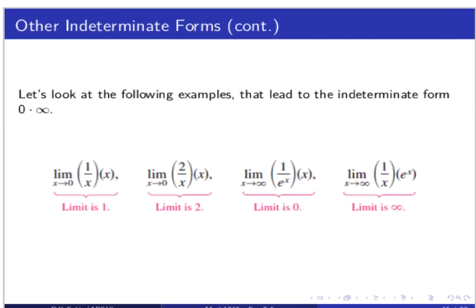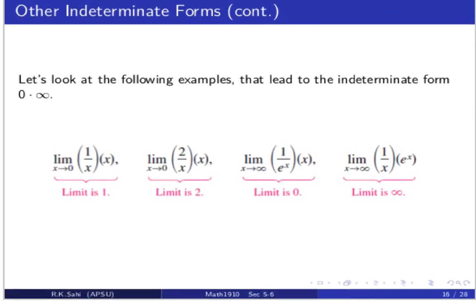Now let's look at some examples which lead to the indeterminate form 0 times infinity. First one, limit as x approaches 0 of 1 is simply 1. But if I write this as 1 by 1 by x, it's infinity times 0. Similarly, limit as x approaches 0, 2 over x times x is the same as 0 times infinity.